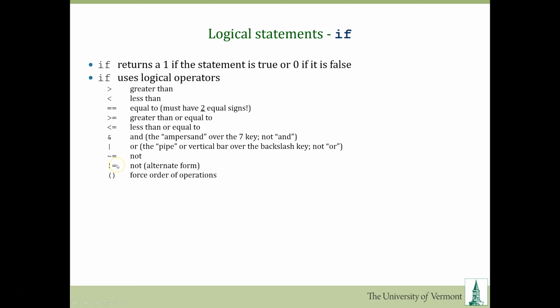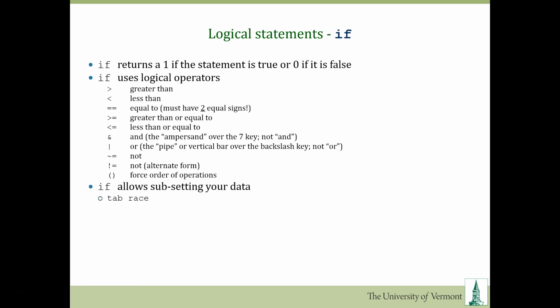And finally, you can use parentheses if you want to do an operation in first before another operation happens. That's sometimes important for logical operations, much as in high school algebra.